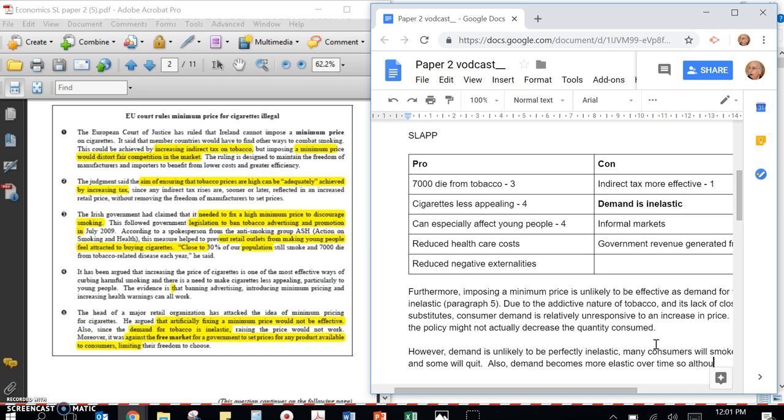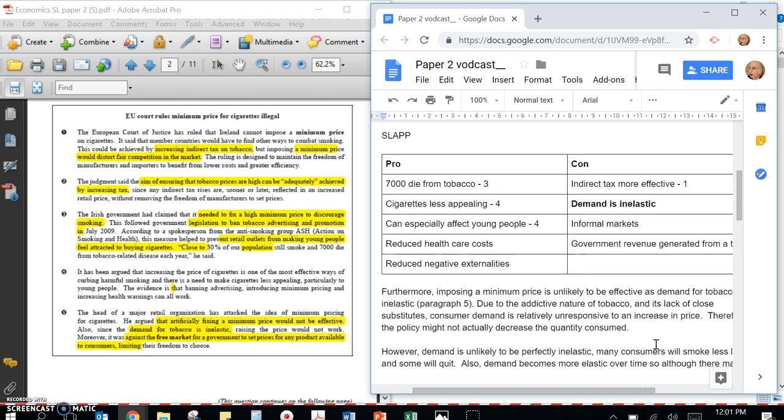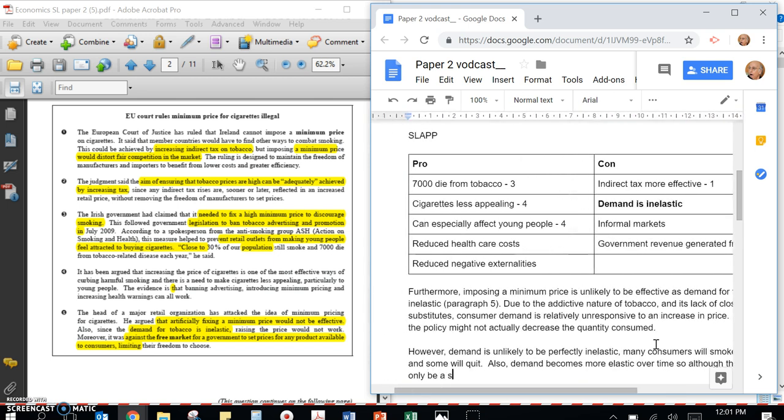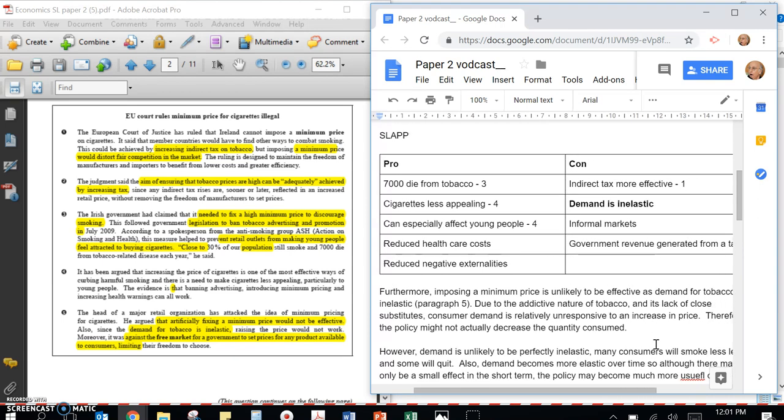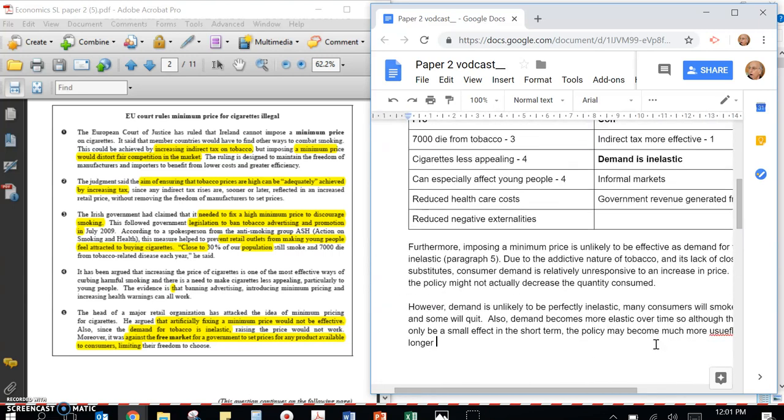So even though it might be quite inelastic in the short term, the policy may become much more useful over a longer time period.